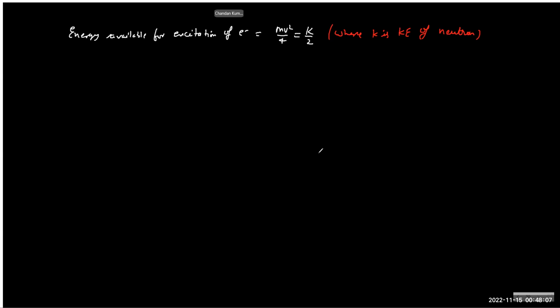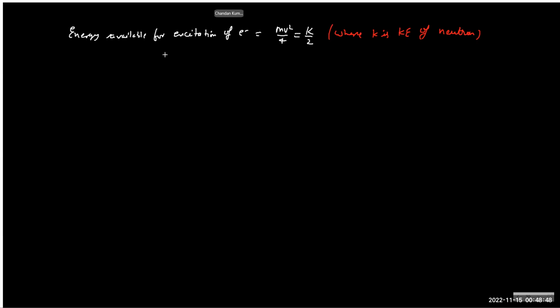Is this clear, guys? Okay. So therefore, the energy available for excitation of the electron is k by 2.